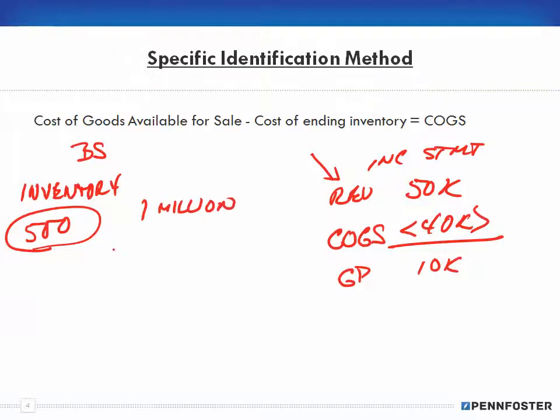Now, let's say I have a truckload of cars that come in, and let's say there's 10 cars on that truck, and that's worth an additional $400,000. Okay, well, those 10 cars are my purchase, right? And so now my total goods available for sale are $1.4 million.